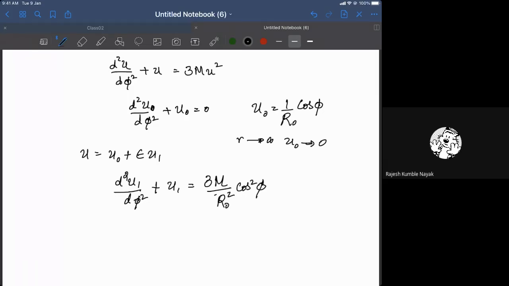One needs to solve this equation. This is again not too bad. It's a simple harmonic oscillator with the source term cos square phi, and that can be easily solved.